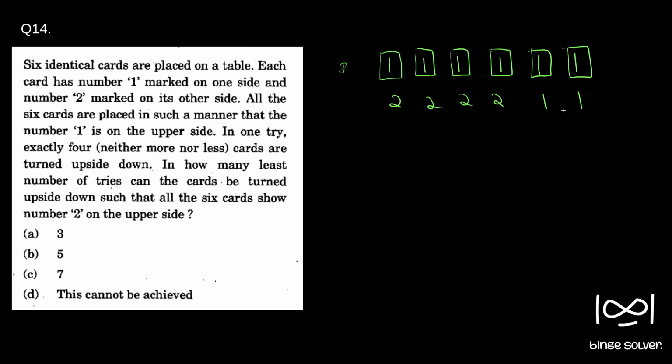If you turn these 2, and 2 of the 2s, we will have 2, 2, 1, 1, 2, 2, which is exactly the same position. We are stuck in the same position, so that is not the way to go. So the only option left is to include only one 1.